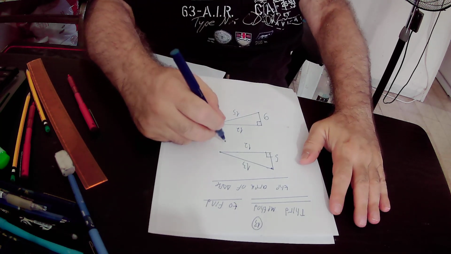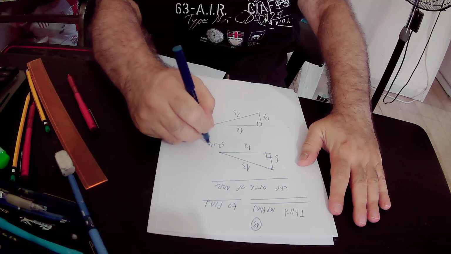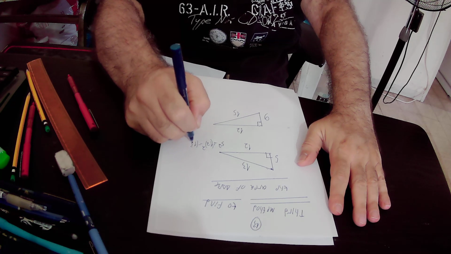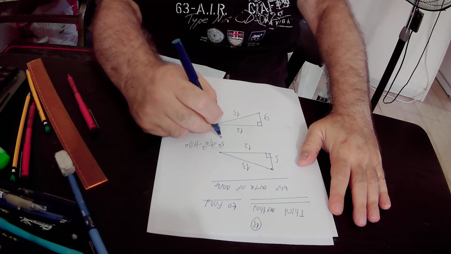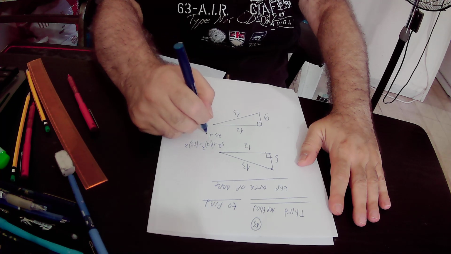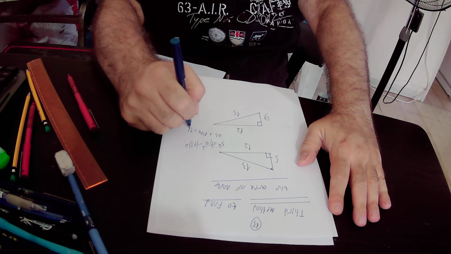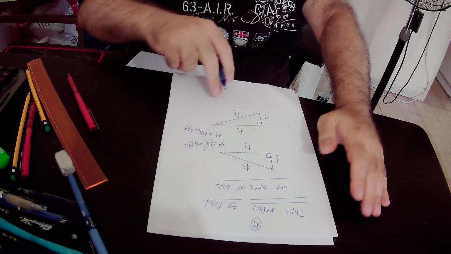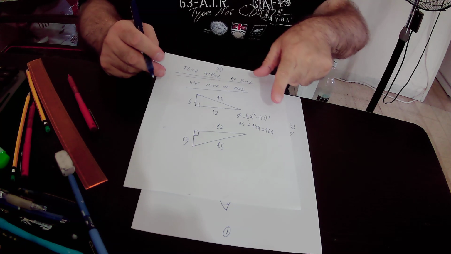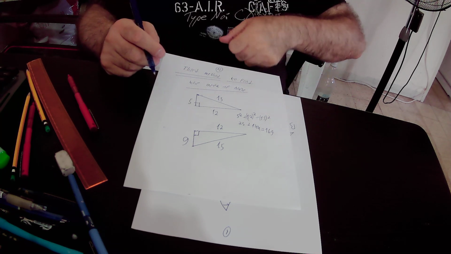We will get that 5 squared plus 12 squared equals 13 squared. 5 squared is 25, 12 squared is 144, and it equals 169. And indeed, 25 plus 144 equals 169.